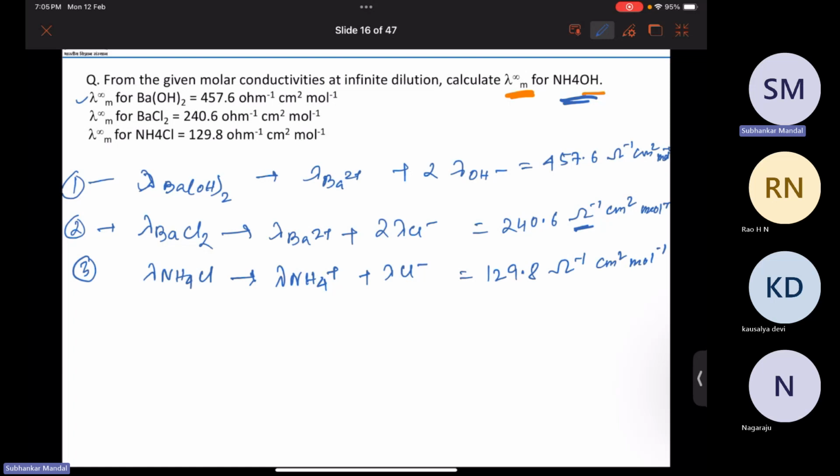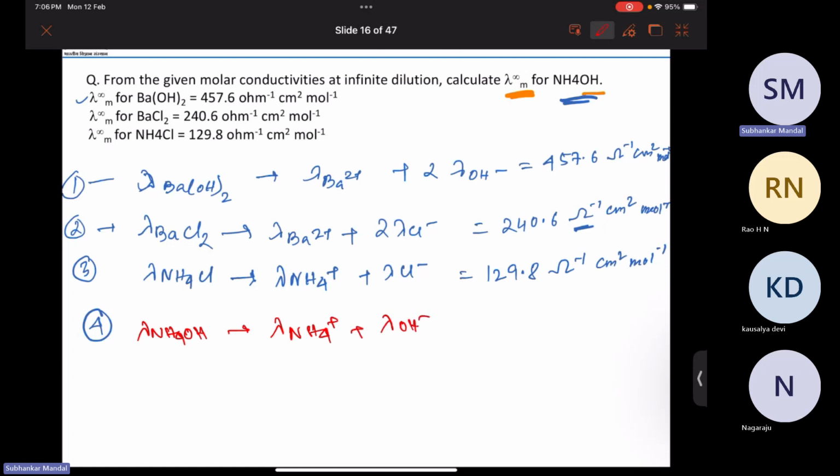So this is given, and we have to combine or subtract these three equations to make this: lambda of NH4OH, that is lambda of NH4 plus lambda of OH minus.